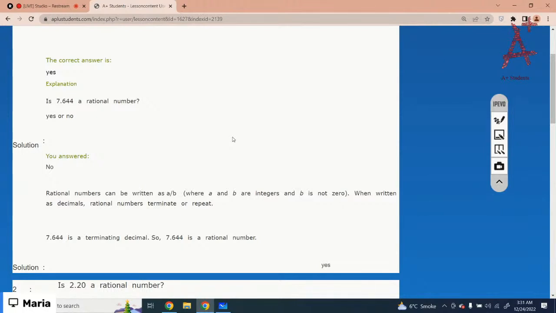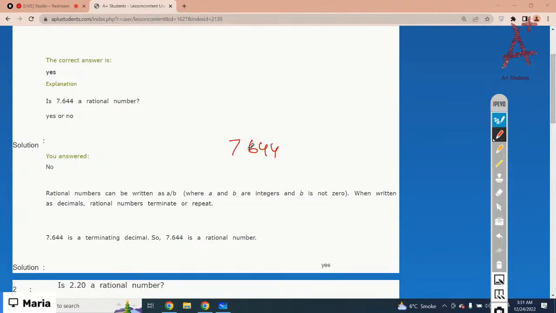So the first question is, is 7.644 a rational number? You have to look for the correct option. 7.644 is a terminating decimal, which means it doesn't have digits that continue. If the number is written like 7.644 and dot, that means it is a non-terminating decimal.